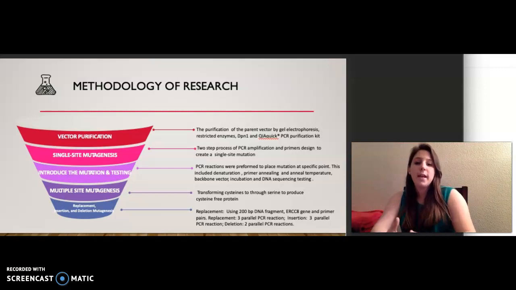Once these were obtained, they were subcloned into a backbone vector, then transformed into a DH5 alpha competent cell. A colony PCR method was used to determine the existence or absence of inserted DNA in the plasmid.